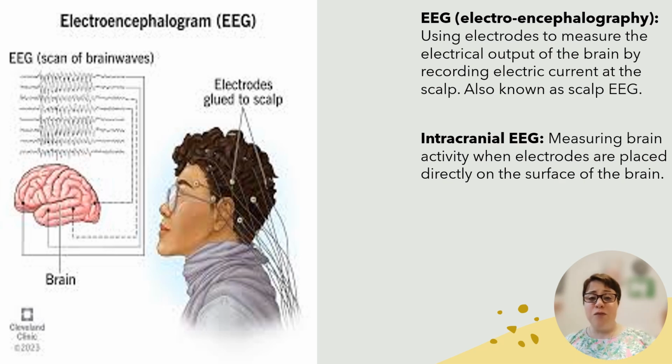Because recording is now occurring directly on the surface of the brain rather than through the skull and with intervening fluid from the cerebral spinal fluid and stuff like that, the intracranial EEG is much, much more precise in terms of reading the electrical waves in particular areas.